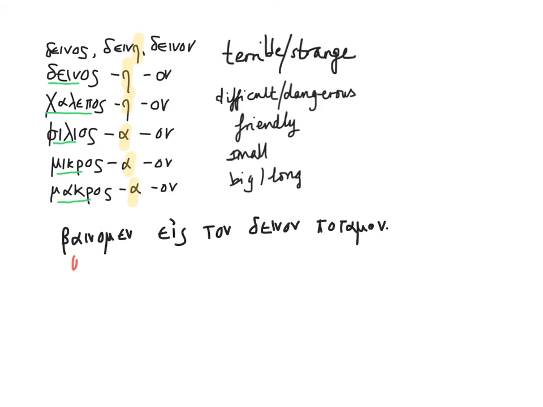That one means we go, or you could say we are going, into the terrible, I suppose I could say strange, but terrible makes a tiny bit more sense here, river.